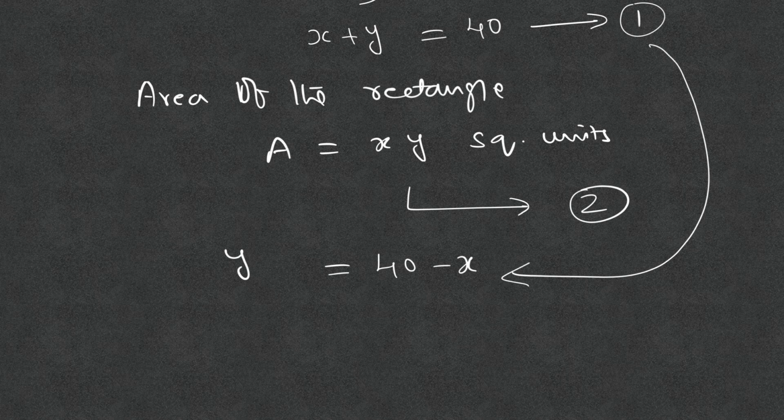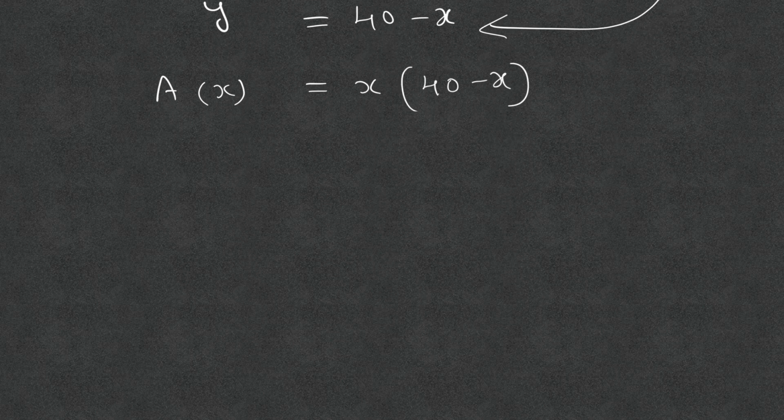Now we want to write area in terms of one variable. Area in terms of x equals x times, which is the length, times the width, which is 40 minus x. By distributing the multiplication, we can write area as a function of x.